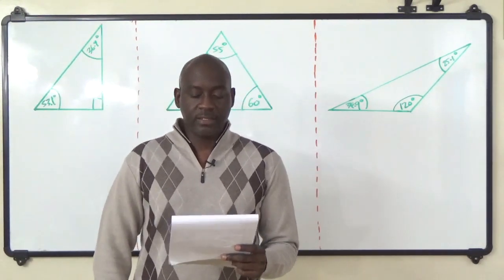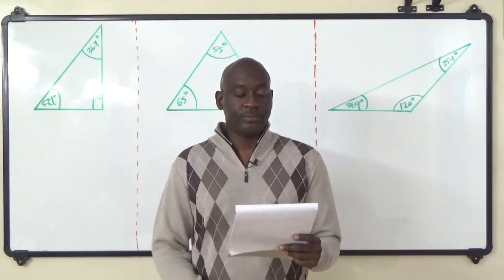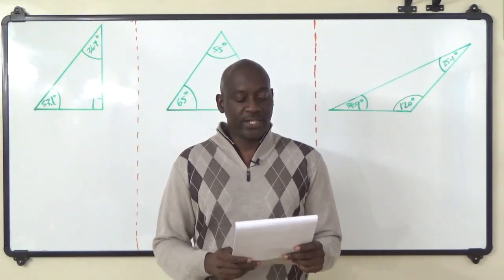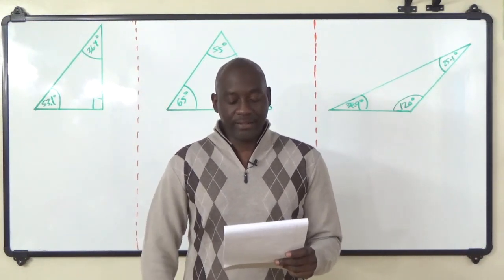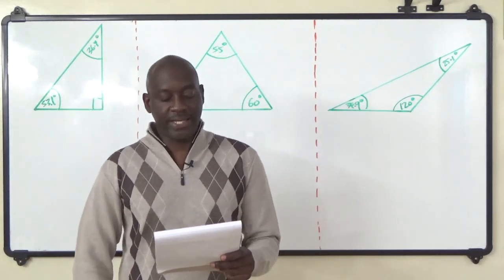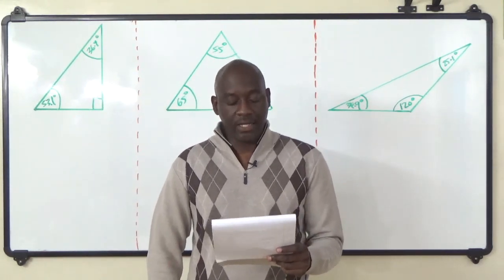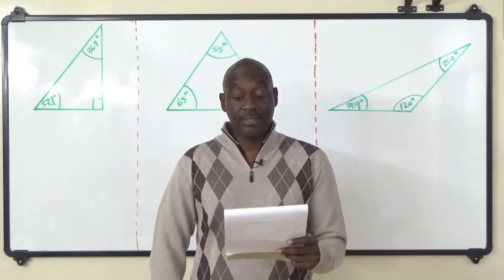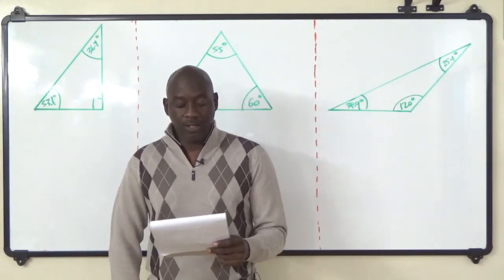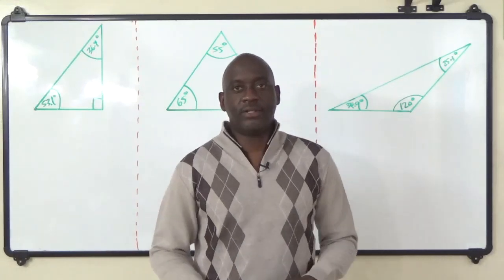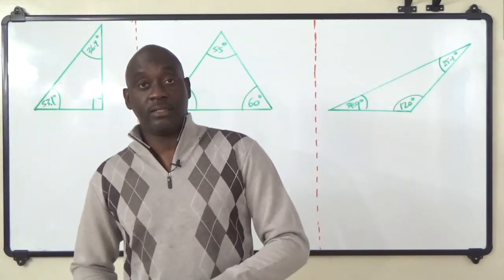The law of sines, or the sine rule in brackets, says that the ratio of the length of a side of a triangle to the sine of the angle opposite that side is the same for all sides and angles in a given triangle.